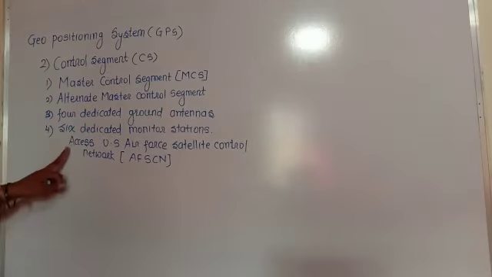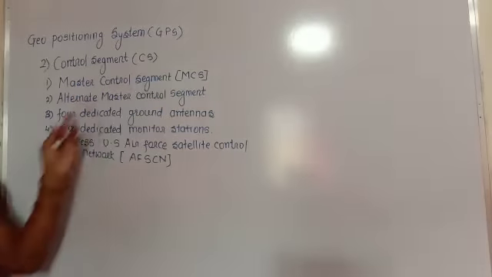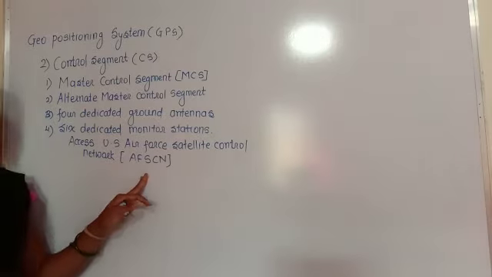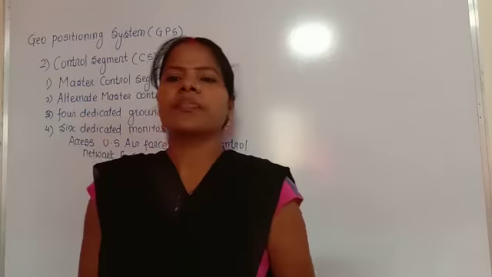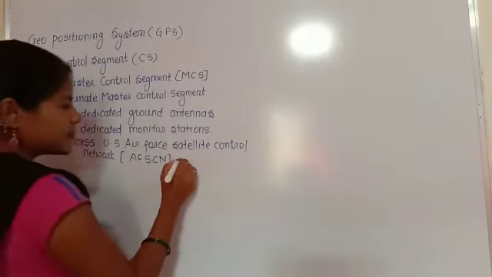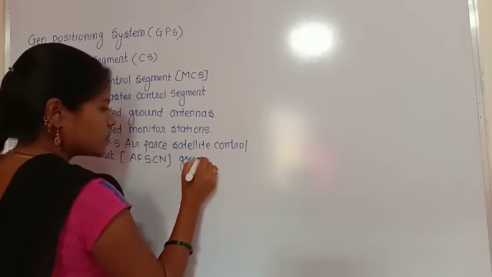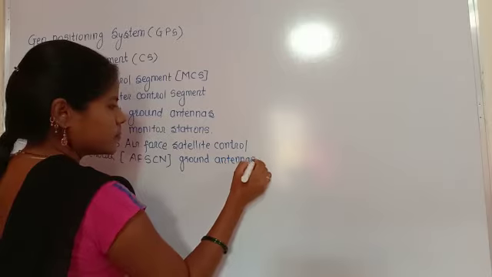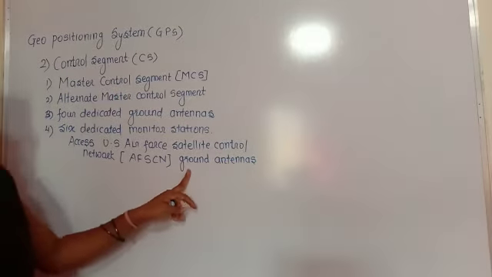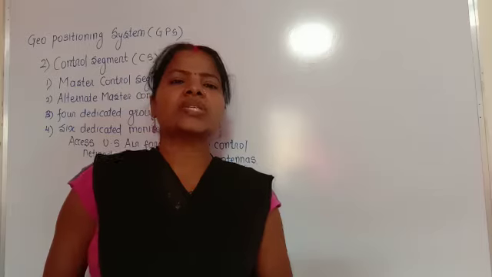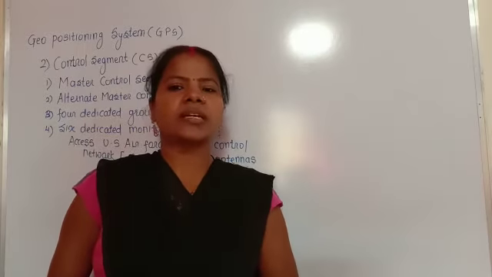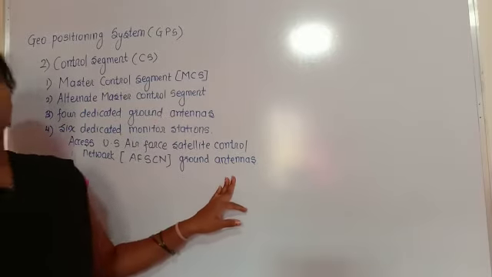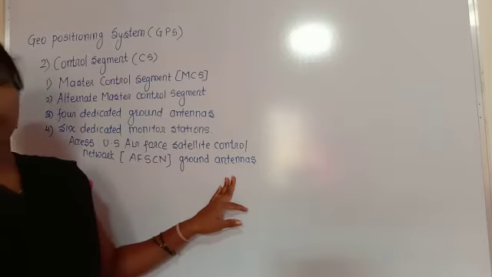Then ground antennas. What is the function of these ground antennas? Ground antennas are used for additional command and control capability.